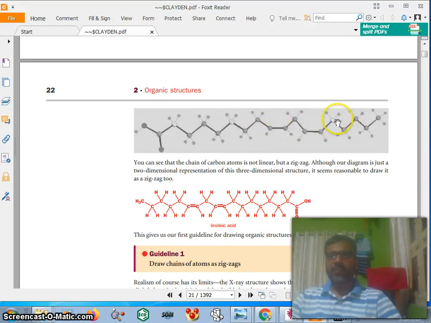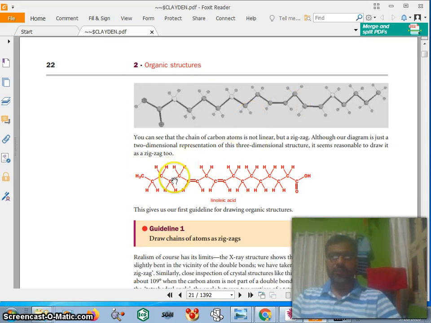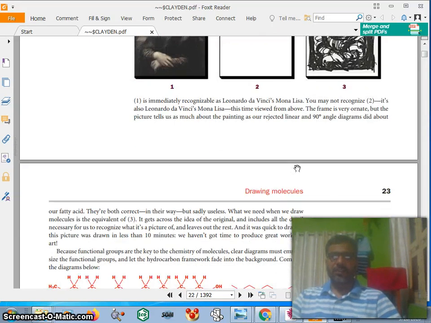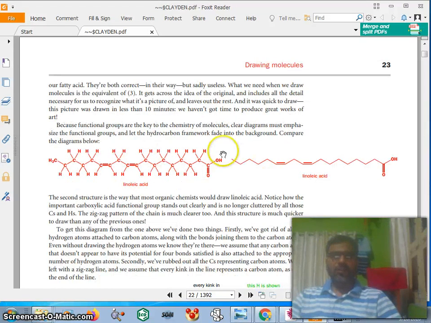Although our diagram is just a two-dimensional representation of this three-dimensional structure, it seems reasonable to draw it as a zigzag too. So this is the structure of linoleic acid. Now draw the chain of atoms as zigzag. So this is the true representation of linoleic acid, and if you remove hydrogen, then you can represent it like that.